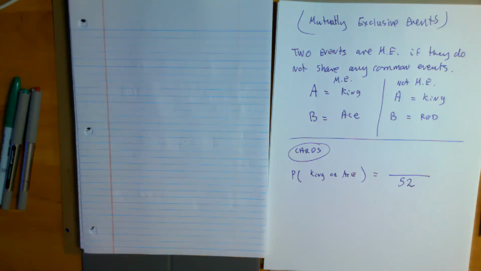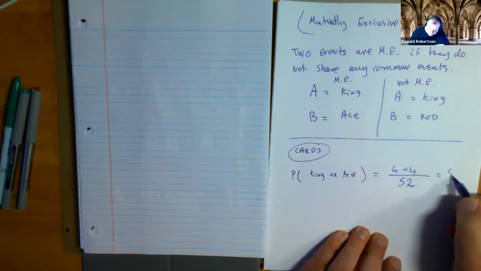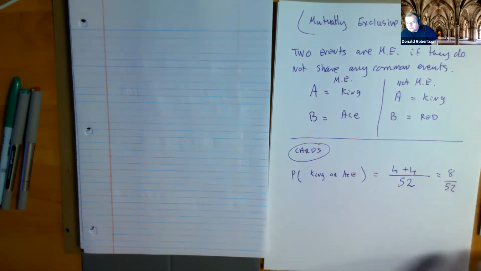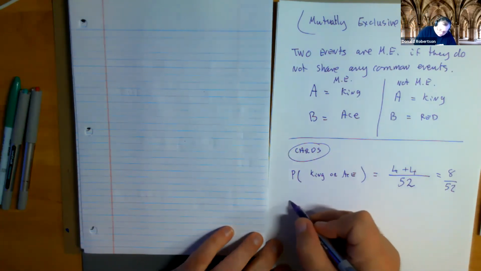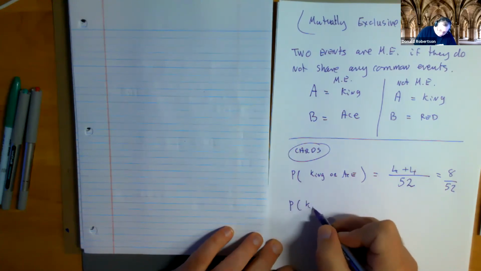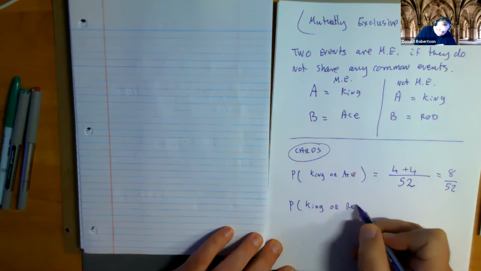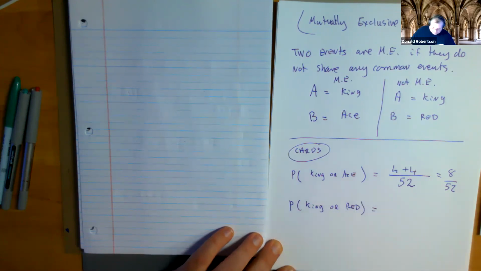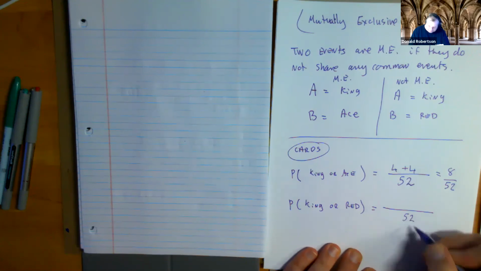And aces? 4. So the answer to this question would be 8 out of 52. I could turn that into a decimal or percentage, but for the time being I'm just going to leave it like that. Now, what about the probability that you get a king or a red card? Well, this is what you can't do.